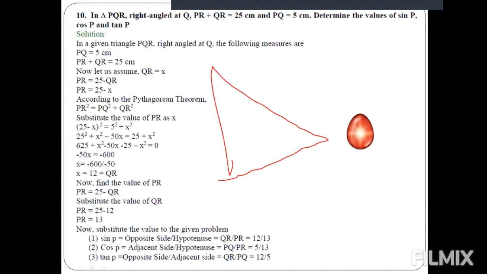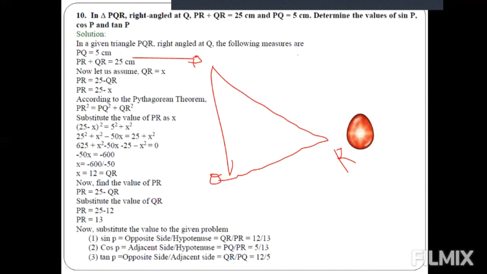They have given that right angled at Q. So here is Q, this is P, and this is R. So they have given that PR plus QR equals 25 and PQ equals 5 centimeter.